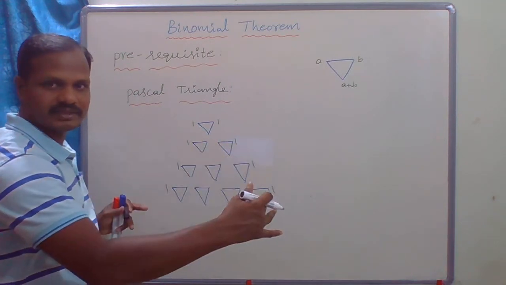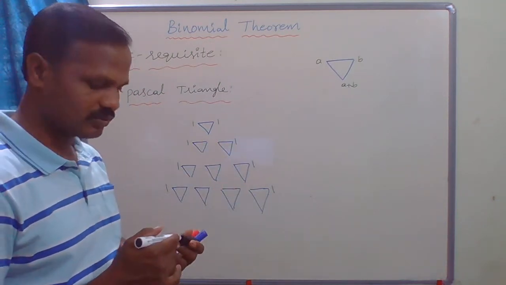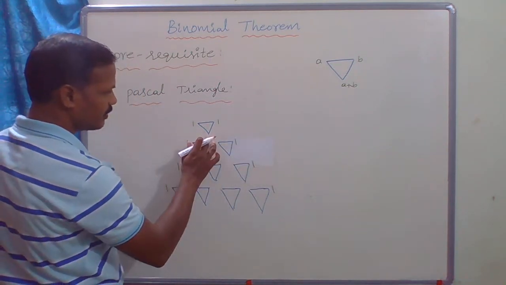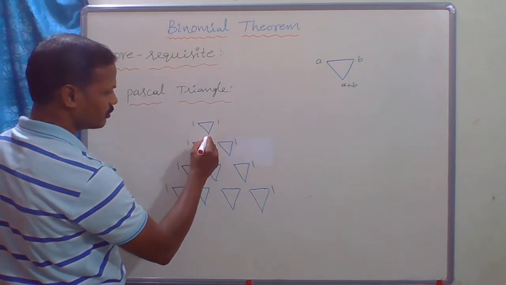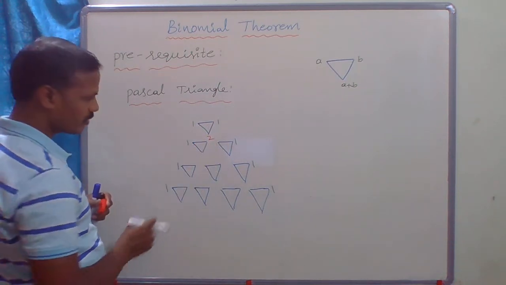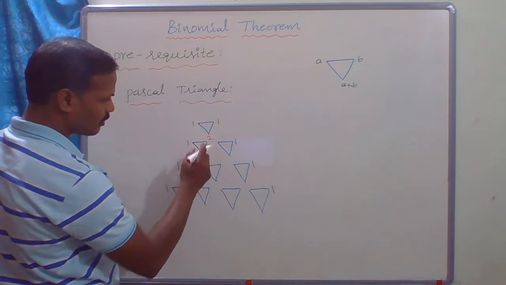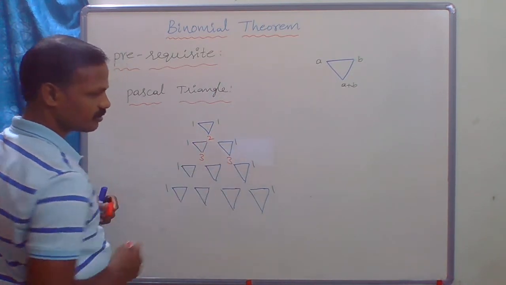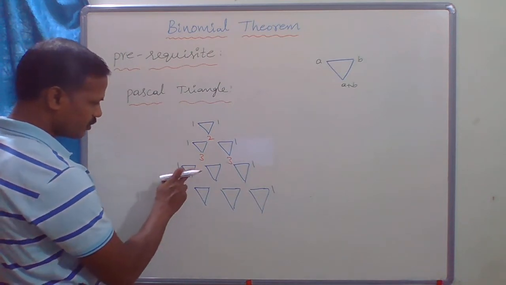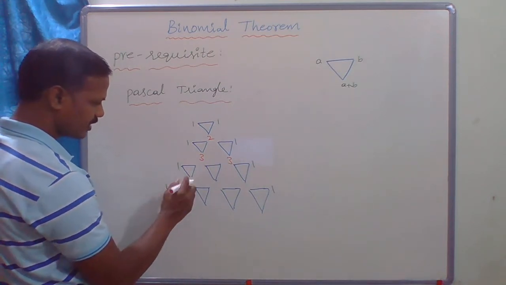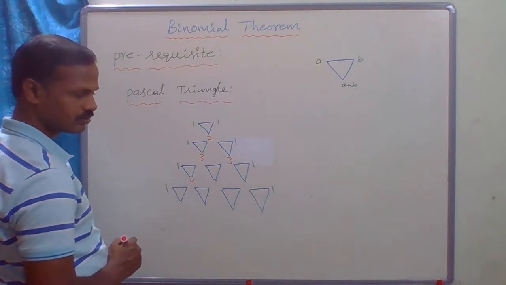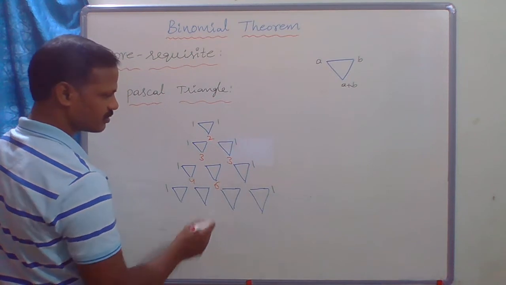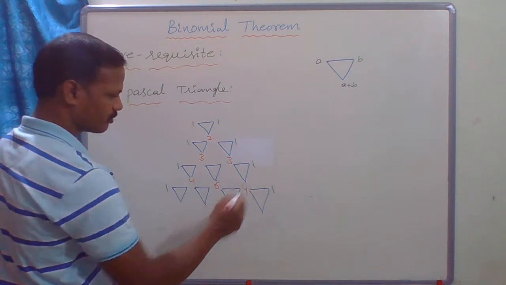The n vertices you have to take as 1. Now according to this, the sum of these two is 1 plus 1, 2, and this is the sum of these two, 1 plus 2, 3, 2 plus 1, 3. Next, the sum of these two, 1 plus 3, 4. Next, 3 plus 3, 6, 3 plus 1, 4.